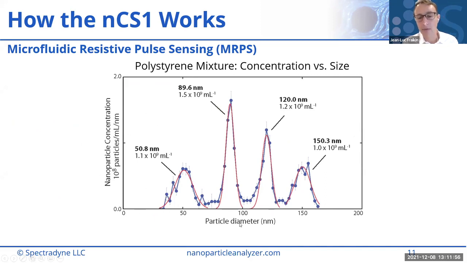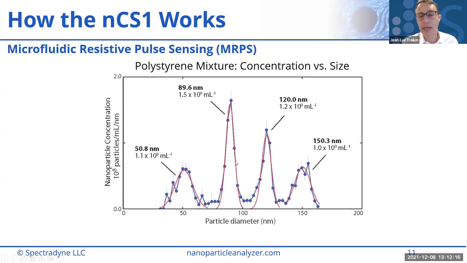And on the x-axis, we've got particle diameter across here. And so you can see this sample was composed of a mixture of polystyrene beads, 50, 90, 120, and 150 nanometers in diameter.